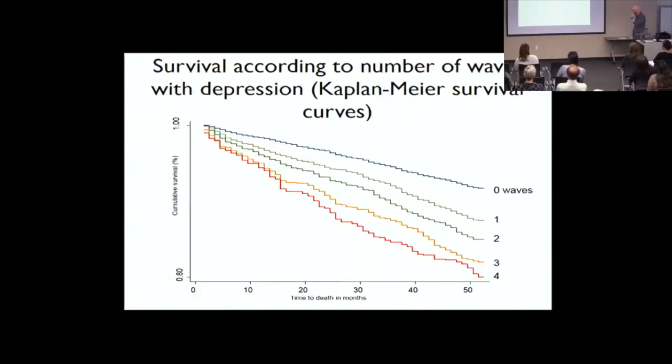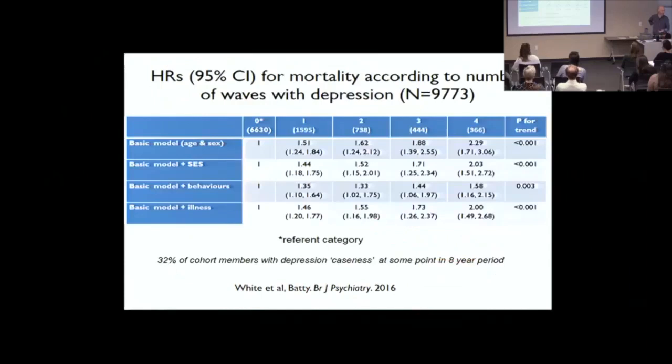And those that were a case throughout the period of follow-up had the highest mortality risk relative to those who were a case at 3 points of follow-up, or 2 points of follow-up, and so on. And the lowest mortality rates were seen in individuals who didn't report any significant depression symptoms during the period of follow-up. And you can express that in a survival model, and you find about a doubling of risk in individuals who have the greater level of chronicity for depression.